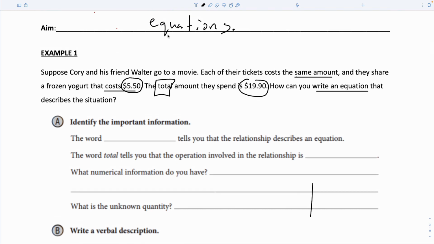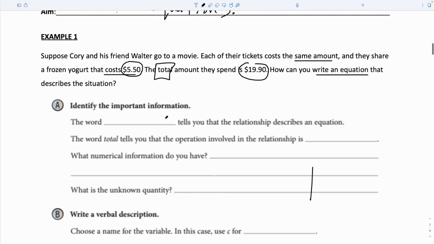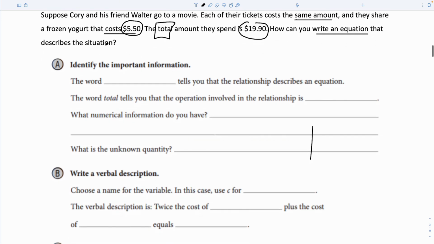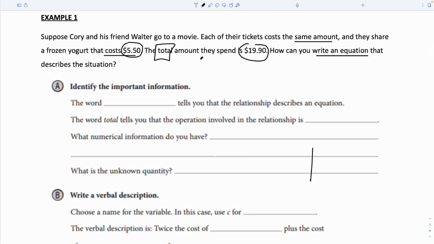When you get to word problems, it is really important to slow down and make sure you annotate before you get to the final answer, and actually any work in the first place. The first thing that you're looking at when you're scanning these is something that would make an equal sign.